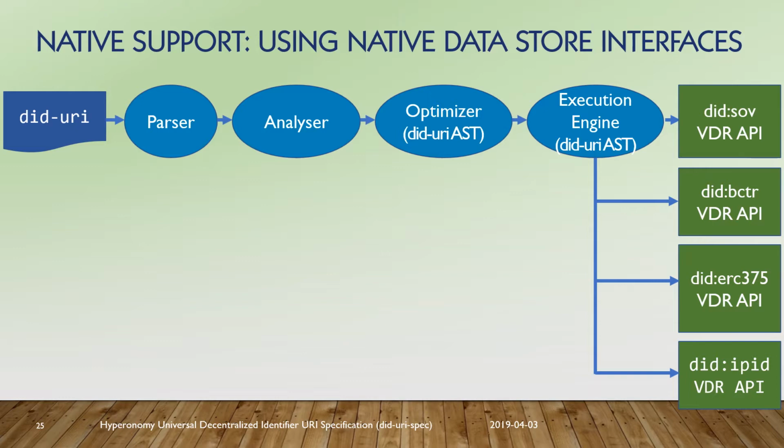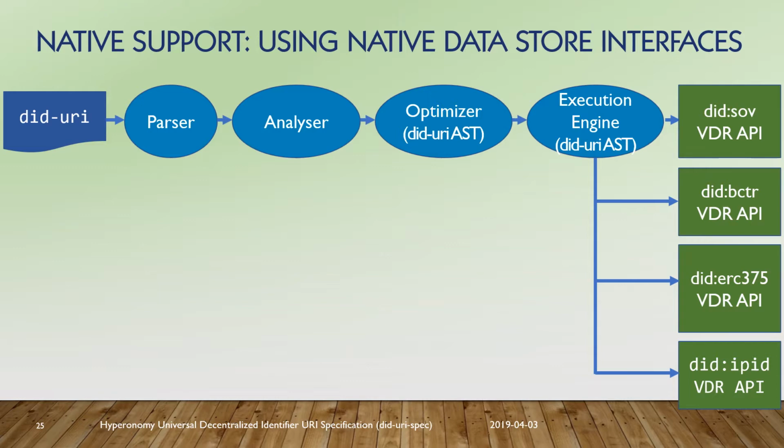It's the API that the universal did resolver drivers use. And so over time, the did-uri optimizer would run against the did-uri version of the execution engine. And it would only be at the very bottom, the physical access level, that it would need to tie in to the VDR APIs for each particular did method. I hope that's kind of clear.